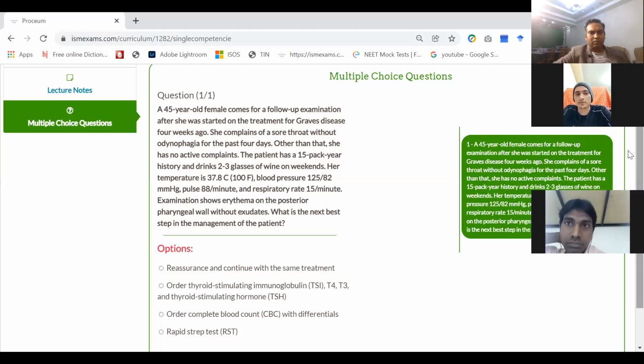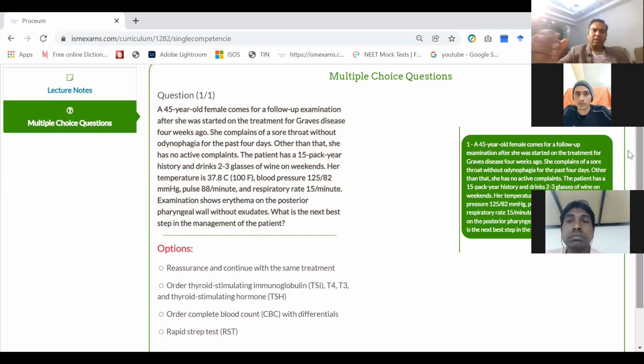Her temperature is 37.8 degrees Celsius, approximately 100 Fahrenheit. Blood pressure 125 by 82 mmHg, pulse 88 per minute, and respiratory rate 15 per minute. Examination showed erythema on the posterior pharyngeal wall without exudate. What is the next best step in the management of the patient?